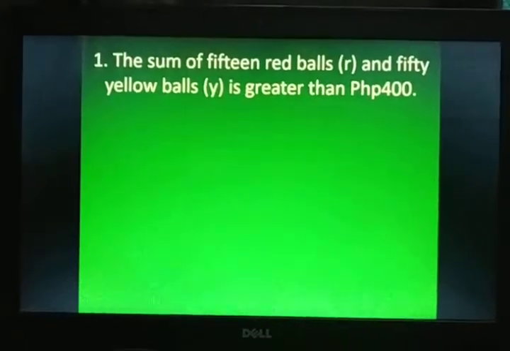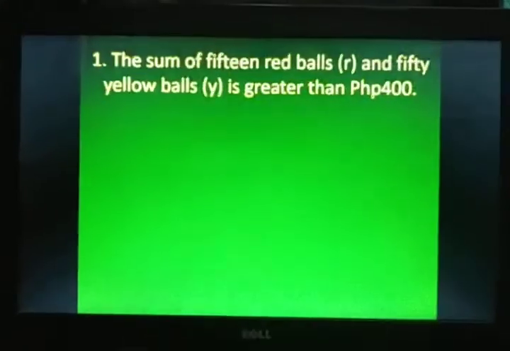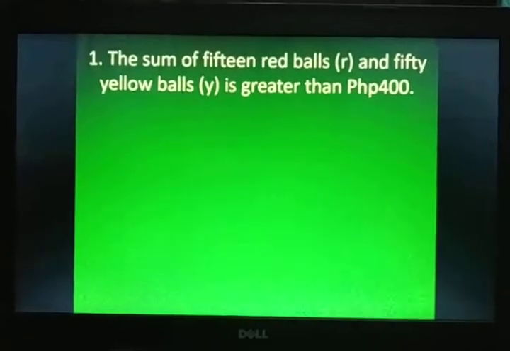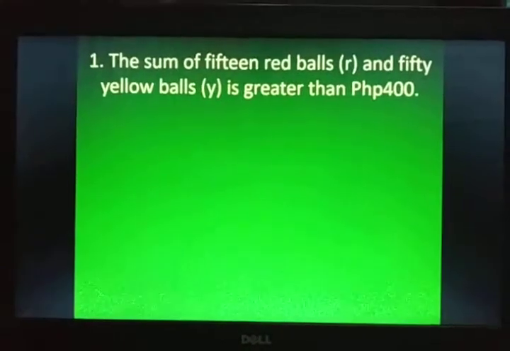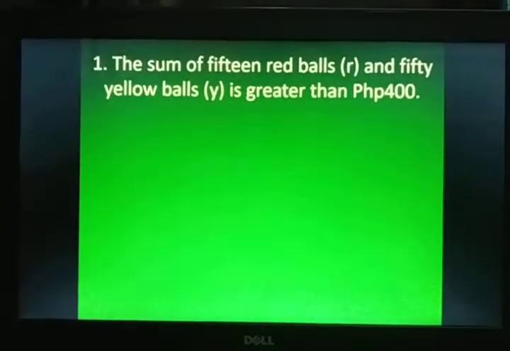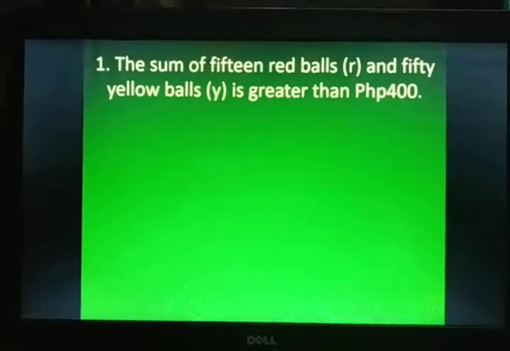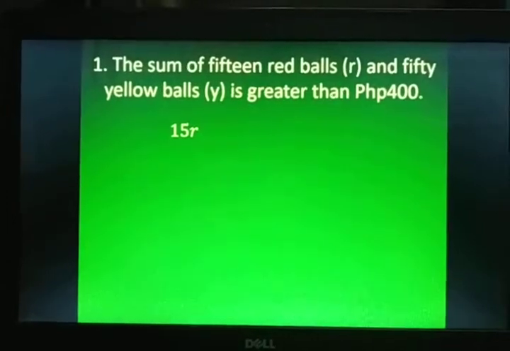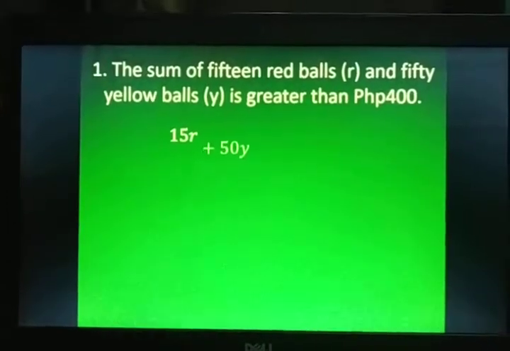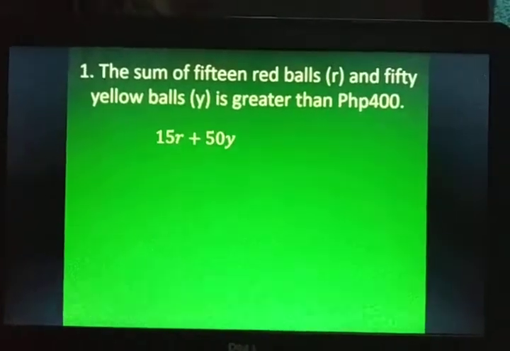So let's use the variable R for red balls and Y for yellow balls. And so let's start with sum. It denotes addition, so we will add the red balls and the yellow balls. And so that will be 15R plus 50Y.